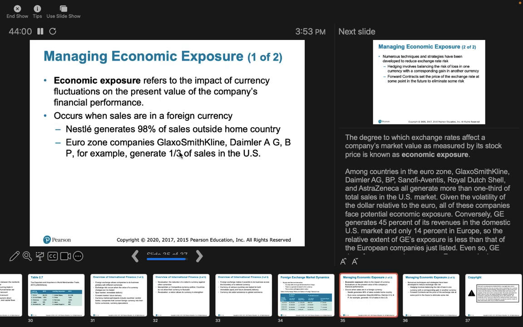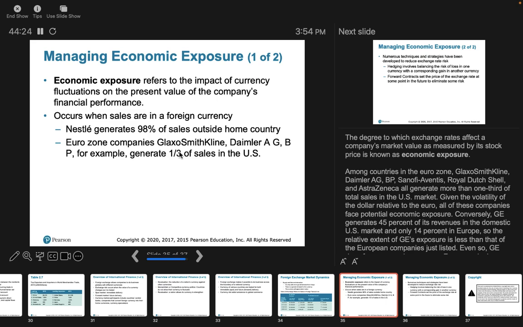Then let's look at managing economic exposure. Economic exposure refers to the impact of currency fluctuation on the present value of the company's financial performance. This occurs when sales are in a foreign currency. Like for example, when we sell in foreign currency, like dollar, okay.